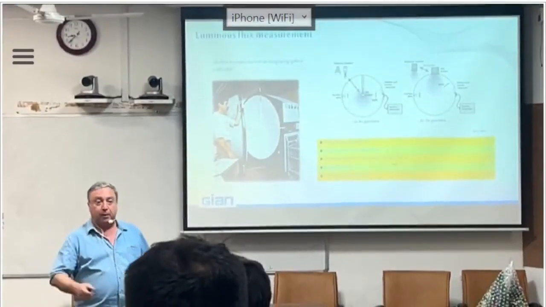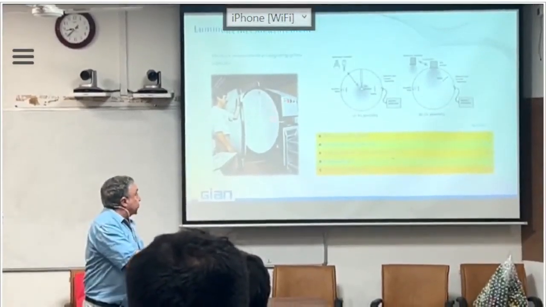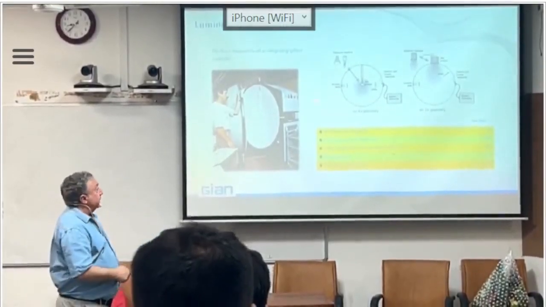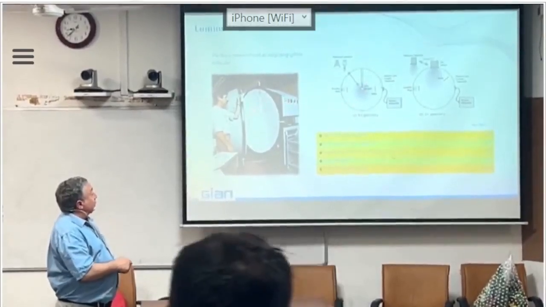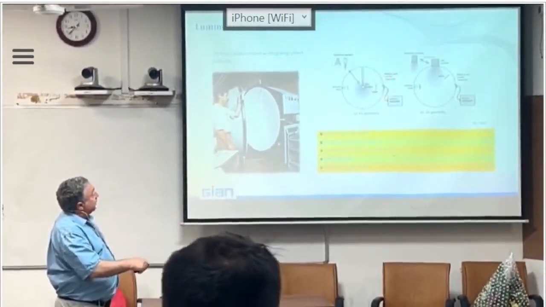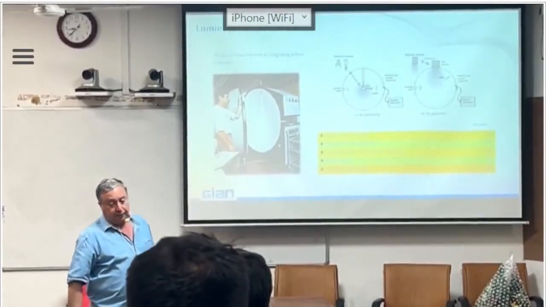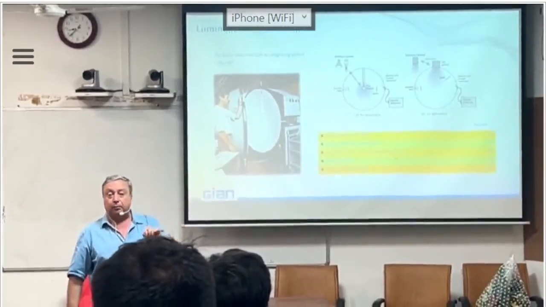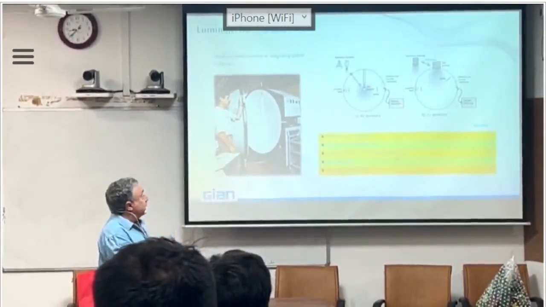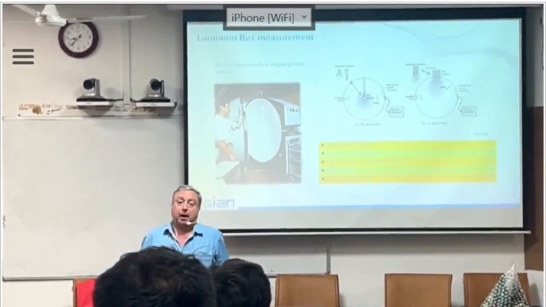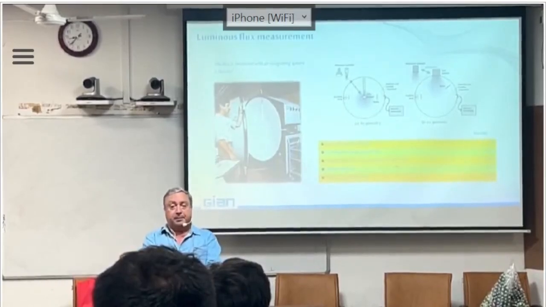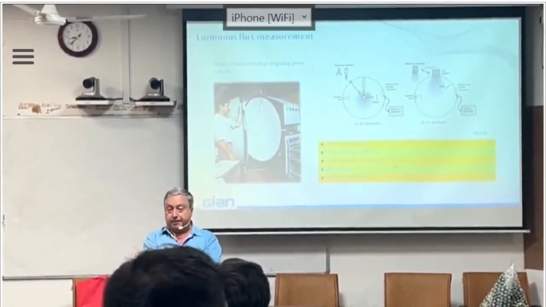We have to know very well what is the reflectance of the sphere at any point if we want to make metrology. Then we can collect the light thanks to a calibrated photocell, and if we take a small amount of light, we can measure here, for example, a number of volts, and this number of volts, if the sphere is calibrated, corresponds to a number of lumens.